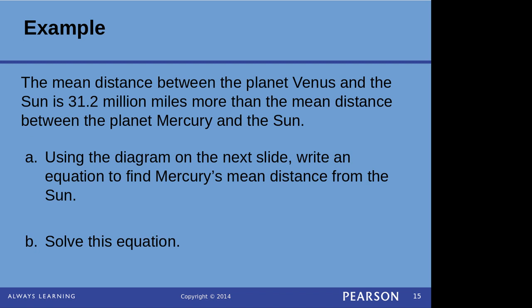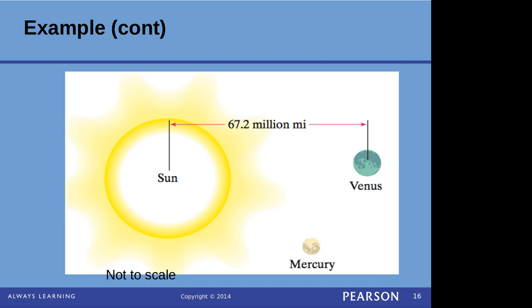So here we're going to go. Let's get to this diagram and we'll see. So the distance from Venus to the Sun is 67.2 million miles. All right. Its mean distance. Let's go back here though. Whoops, sorry. We'll go back here though.